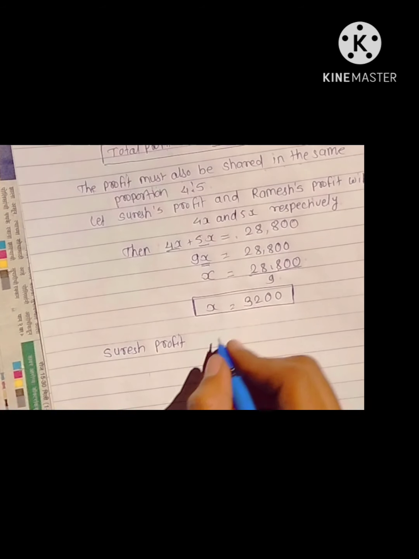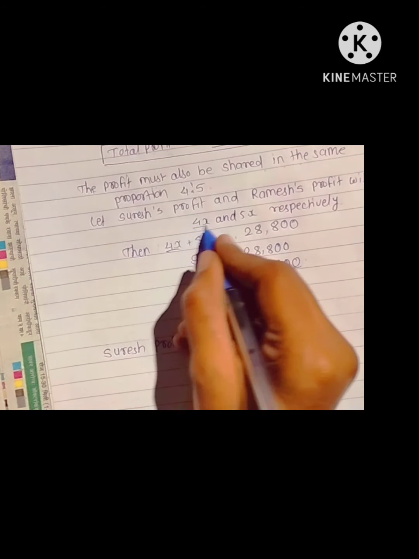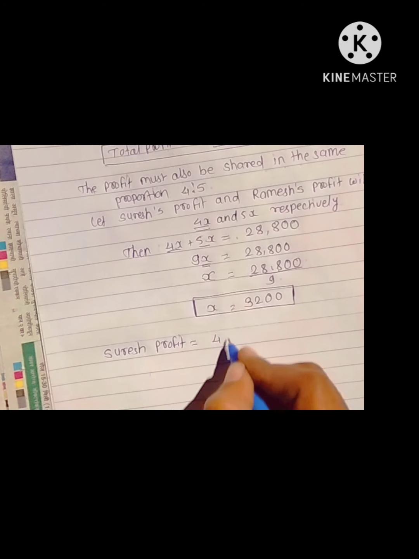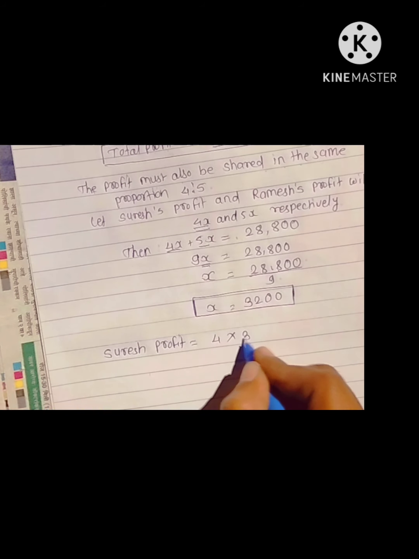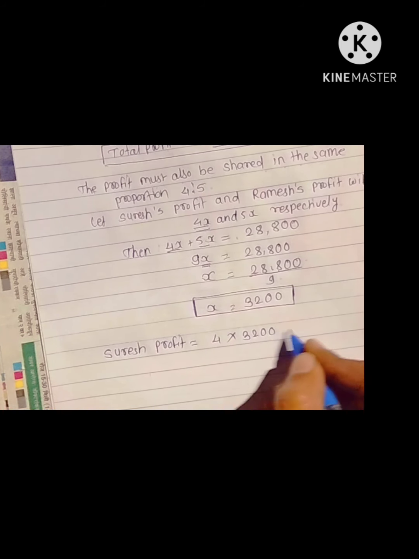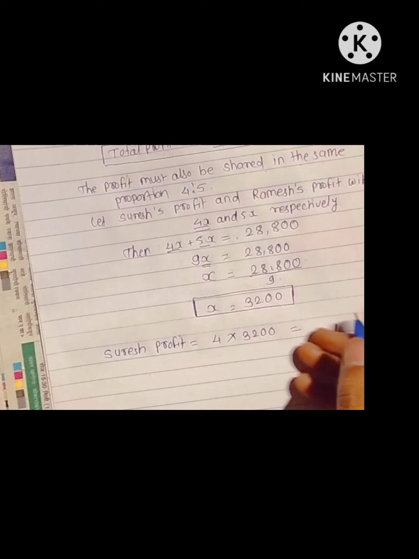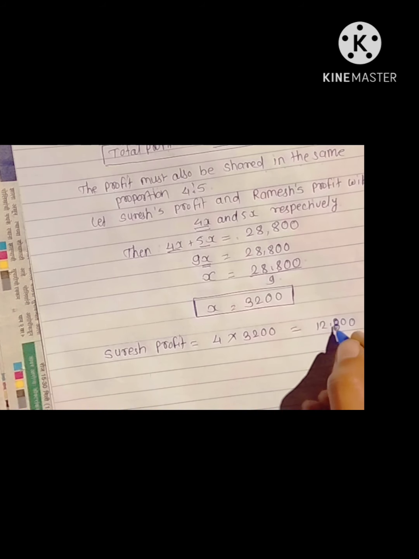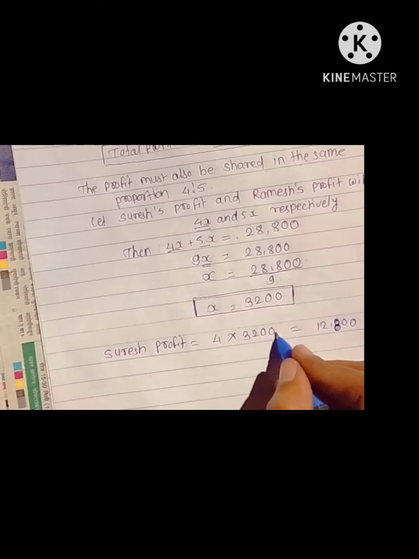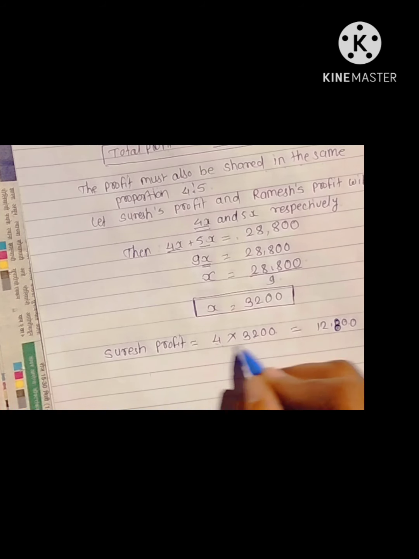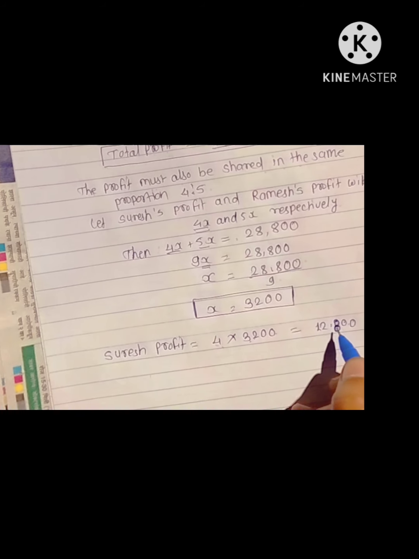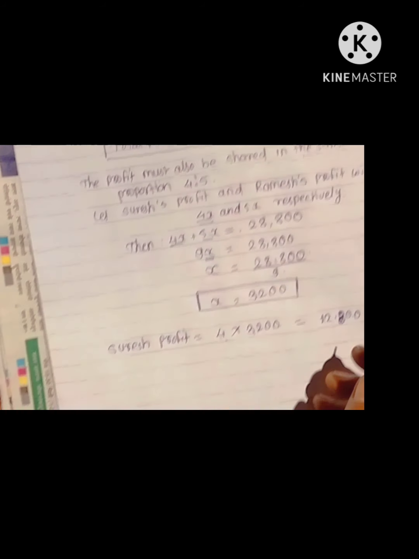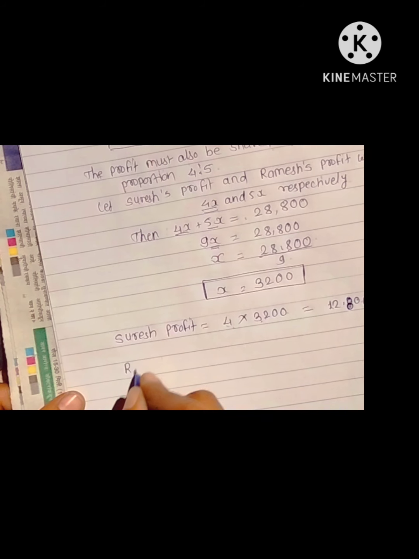So Suresh's profit is equal to what we supposed here, 4x, which means 4 into the value of x, 3,200 rupees. So this is equal to 4 2s are 8 and 4 3s are 12, which means 12,800 rupees. Now next we will find Ramesh's profit here.